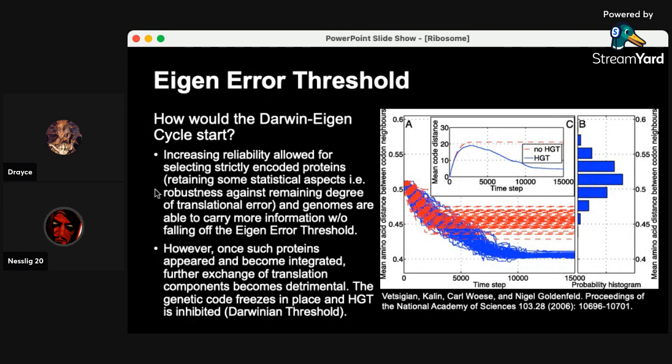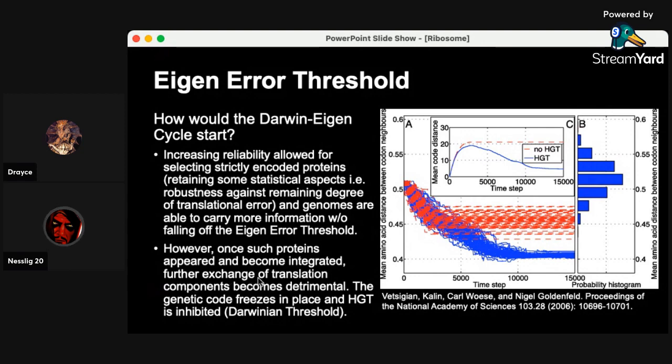Although even the encoded proteins retain some statistical aspects, like the robustness against some degree of translation error that I mentioned before, and at this point, genomes are able to get more information without falling off the error threshold. However, once such proteins appear, these strict, less statistical proteins become integrated.